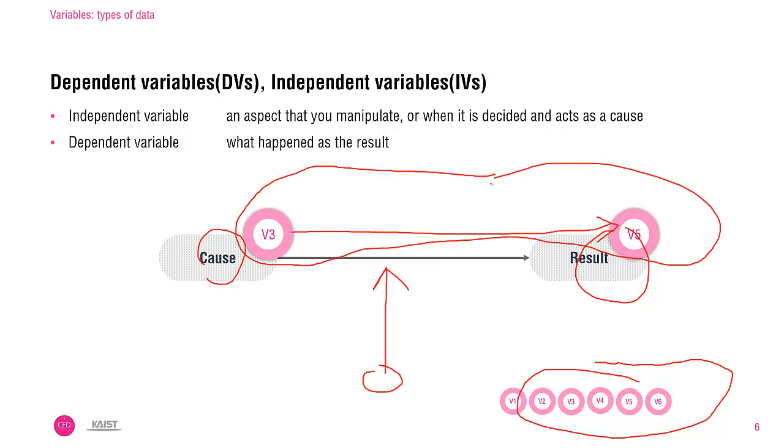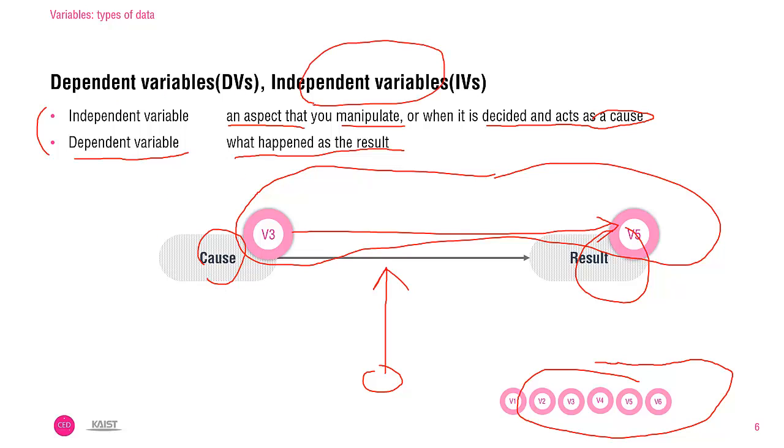In both cases, you need to identify both independent variables and dependent variables. Independent variable is an aspect that you manipulate or when it is decided and acts as a cause. And dependent variable is what happened as a result. So independent variable is the cause and dependent variable is the result.